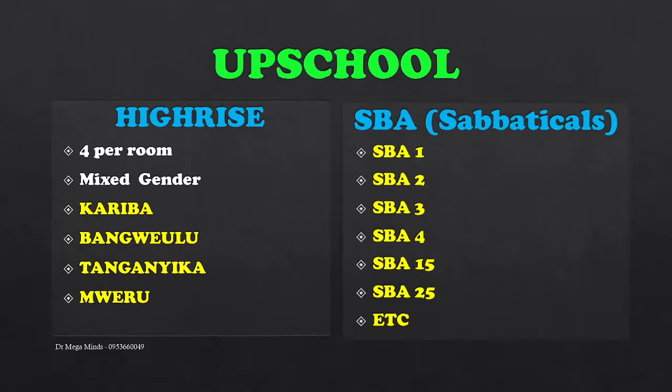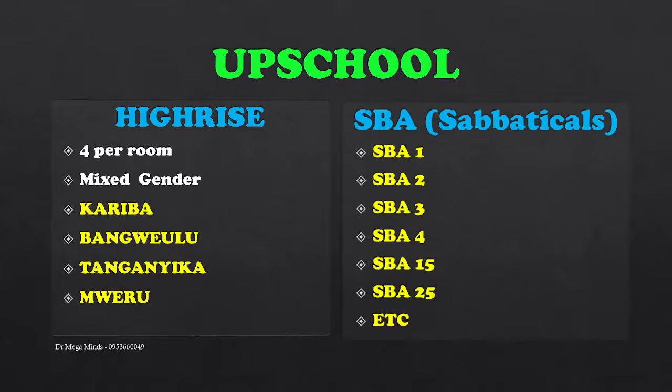I don't even know the total number of sabbaticals, and they are quite scattered. You'd find this one here, another one some distance away. The disadvantage with the sabbaticals is that they are quite distant if you're having a class down school. There are classes down school and up school.